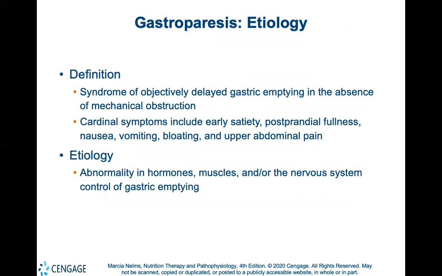Gastroparesis is the syndrome of objectively delayed gastric emptying in the absence of mechanical obstruction. The etiologies are abnormalities in hormones, muscles, and or the nervous system, which control gastric emptying.